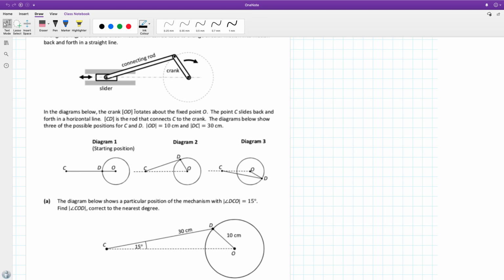So with that in mind, how are we going to go about getting C, O, and D? Right, it's a triangle. First things first, triangle.